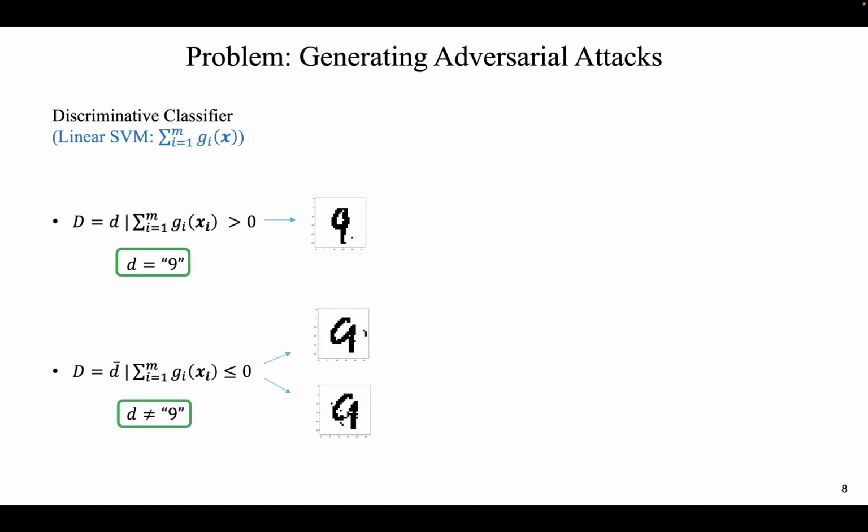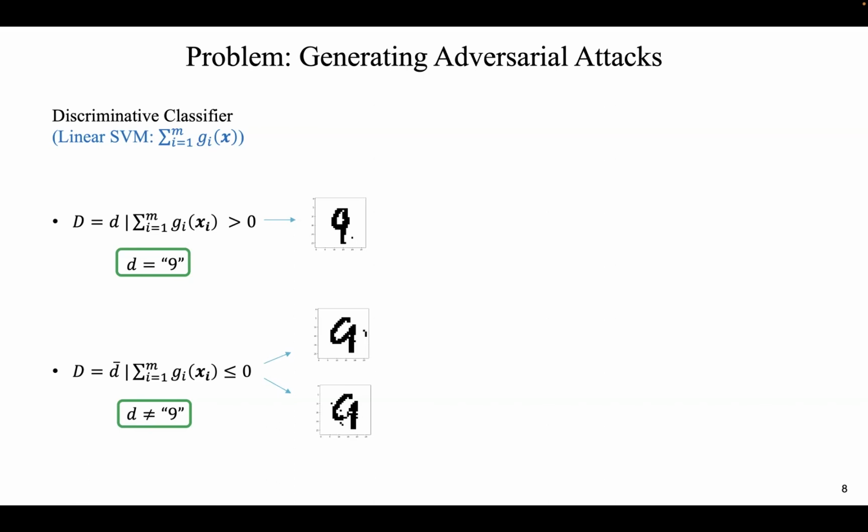So next we consider the task of actually rendering adversarial attacks on a discriminative classifier, right? These attacks can be viewed as manipulating the decision of a classifier by minimally changing the test samples, okay? So consider a discriminative classifier, let's call it a linear SVM or even a logistic regression classifier, which is expressed, let's say, as a log linear model, right?